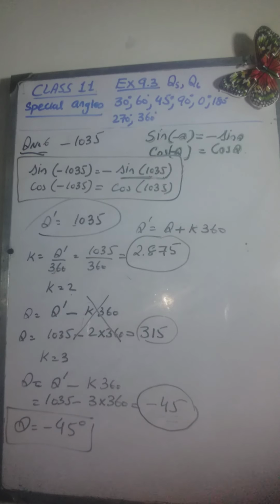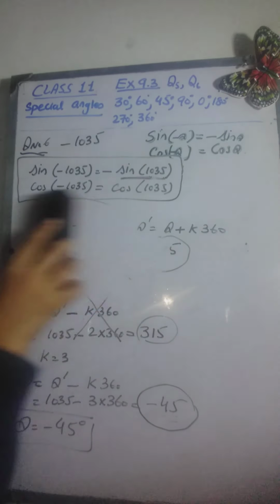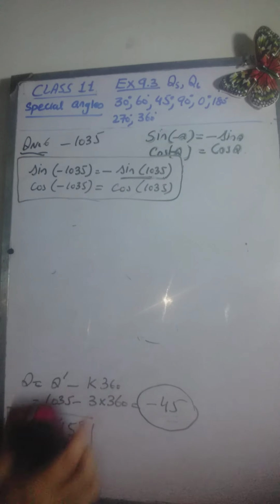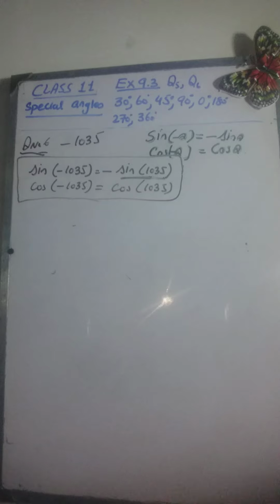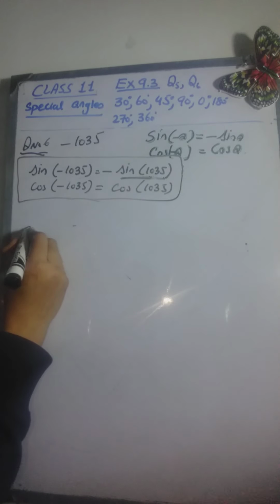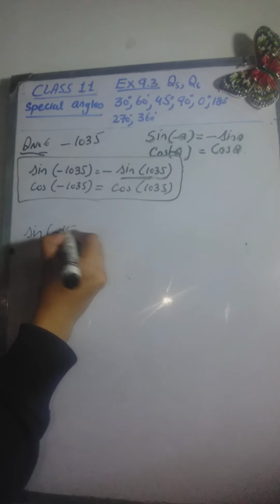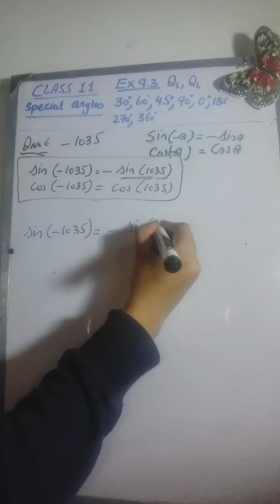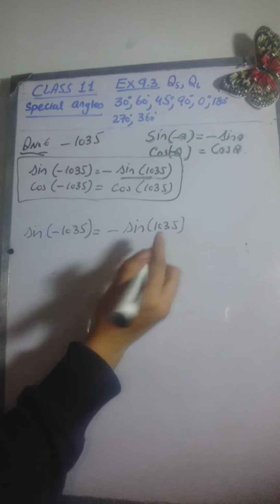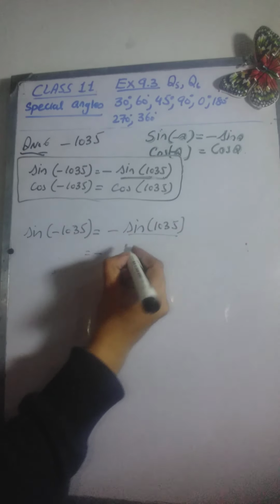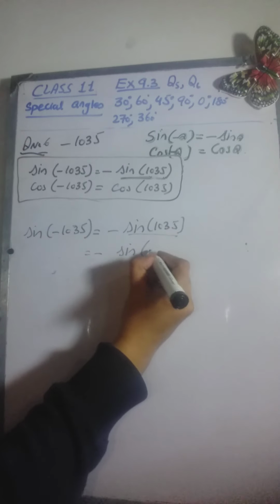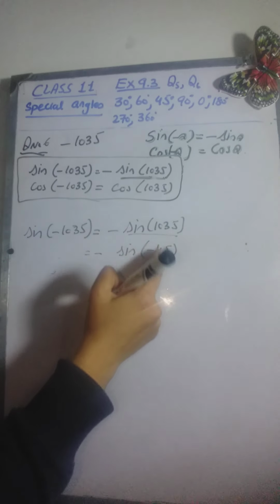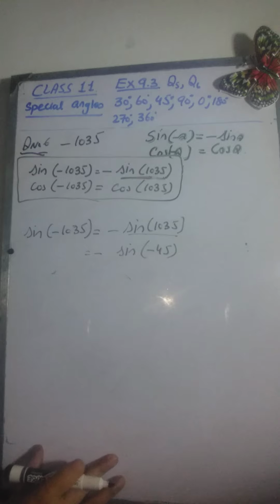Now let me erase this because we now know that theta is 45. Let us start from here. Sine of negative 1035 is equal to negative sine of 1035, and sine of 1035 will be equal to sine of negative 45 because these two are coterminal angles, as we have already found out.